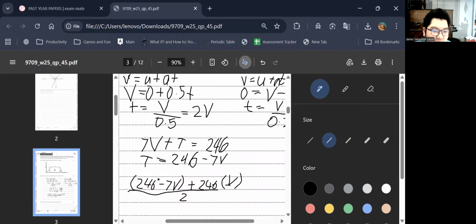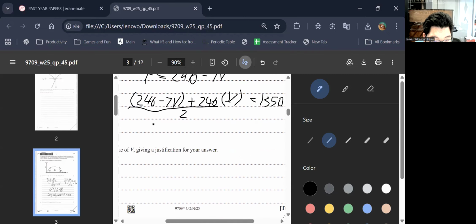So this is your two parallel sides. V is your height. You divide by 2, and this is 1,350, and expanding and simplifying the whole thing will give you 7V squared minus 492V plus 2700 equals 0.